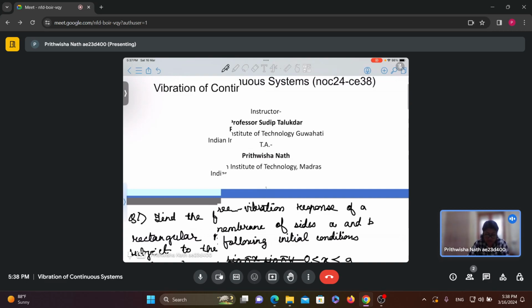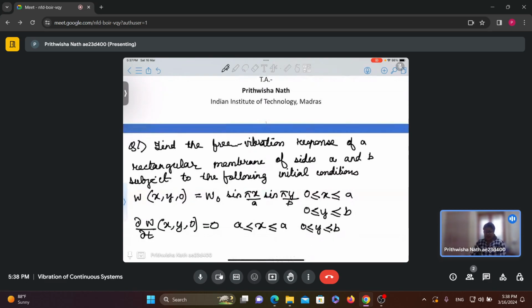For the first question, we have to find the free vibration response of a rectangular membrane of sides A and B subject to the following initial conditions.